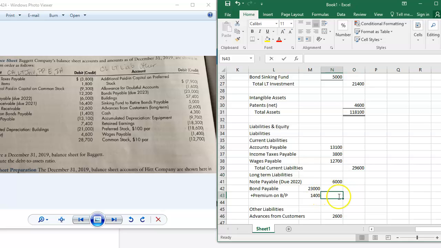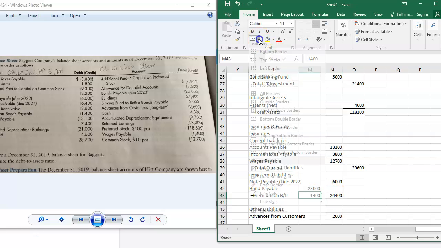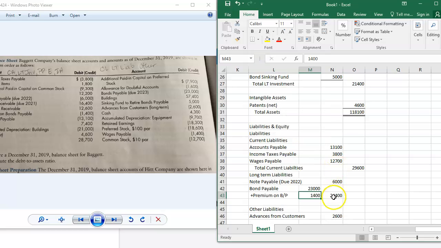All right, let's see my bond. I need to add these two together. And some lines in here. All right, so I need to find my total long-term liabilities.